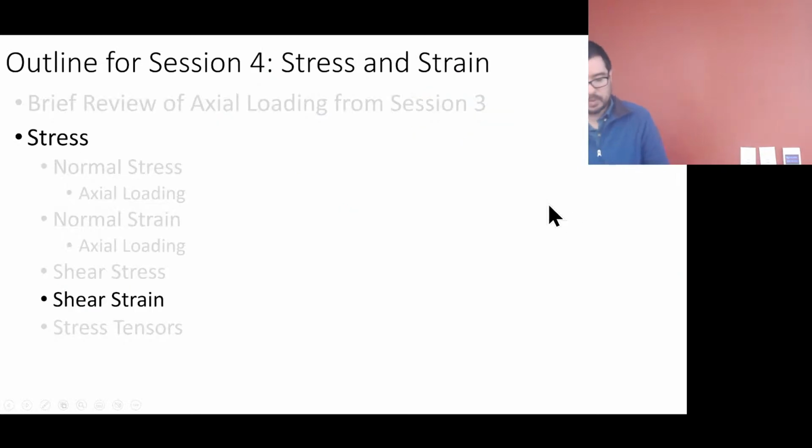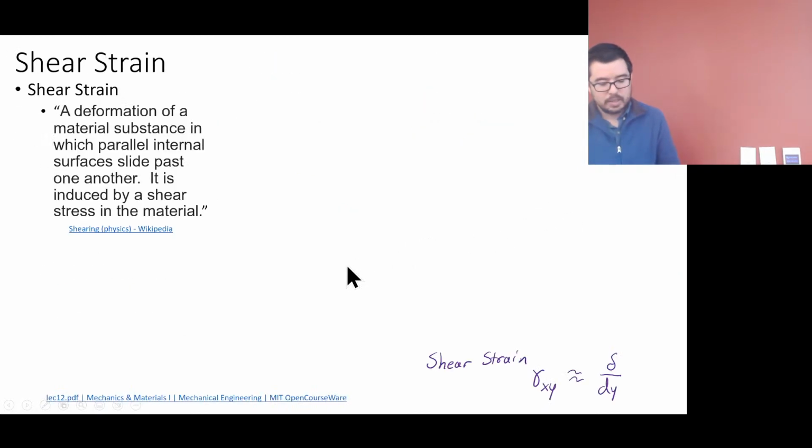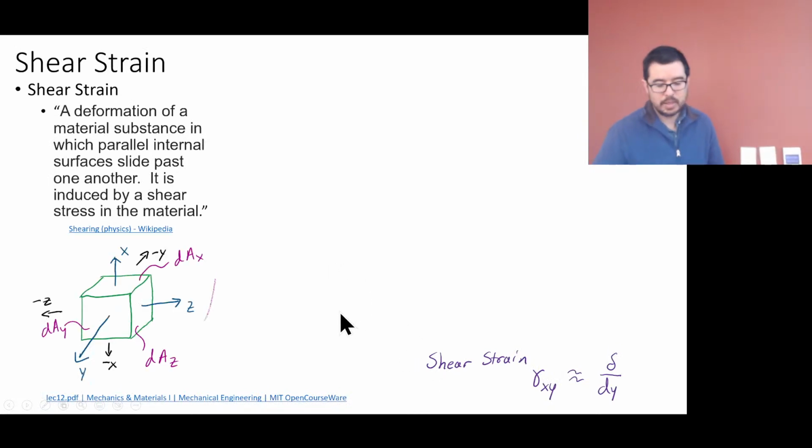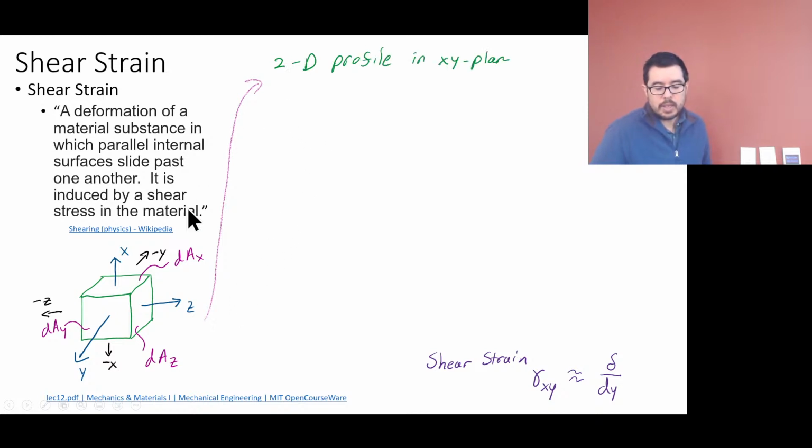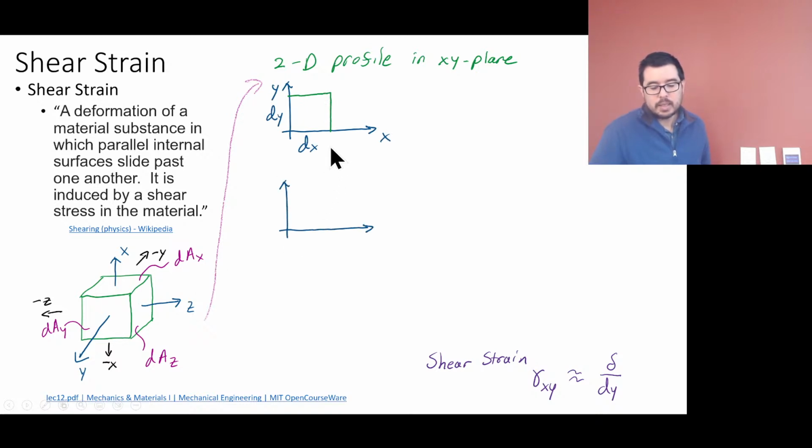So, shear strain, once again, there's the outcome. This is the same element we've been drawing. It has an x, a y, and a z, and we have dAx, dAy, dAz. If we take a 2D profile of the xy plane like we did before, we get what we had here.